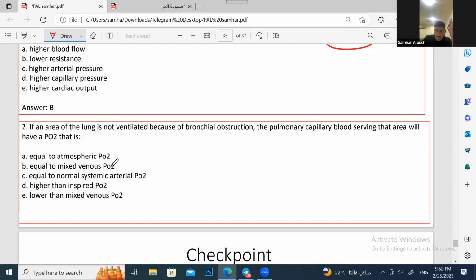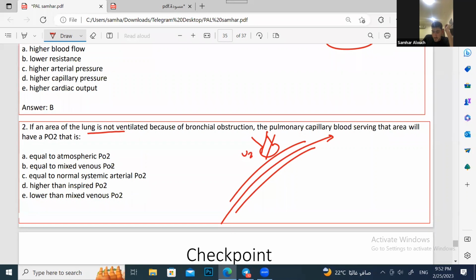Yes, exactly. Because if I have a lung with bronchial obstruction, the alveoli will not have any function, and so the blood will go from here to here without any oxygen getting to it. So it's equal to mixed venous blood, the blood vessels that just came.